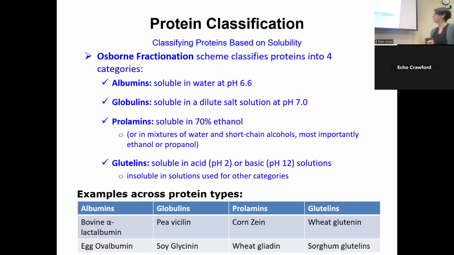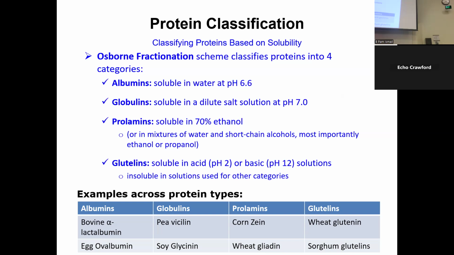The other classification is based on Osborne fractionation. So they named the protein based on the medium they are soluble in. So albumins are soluble in water at close to neutral pH. Globulins are soluble in dilute salt.